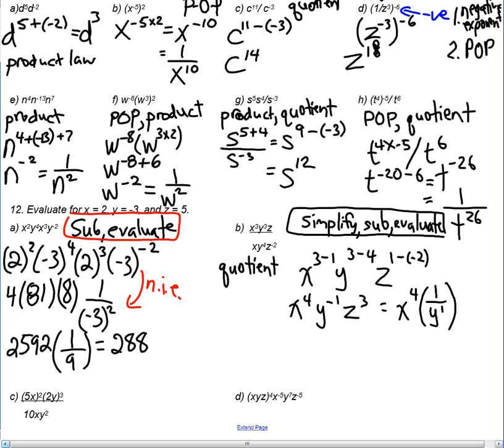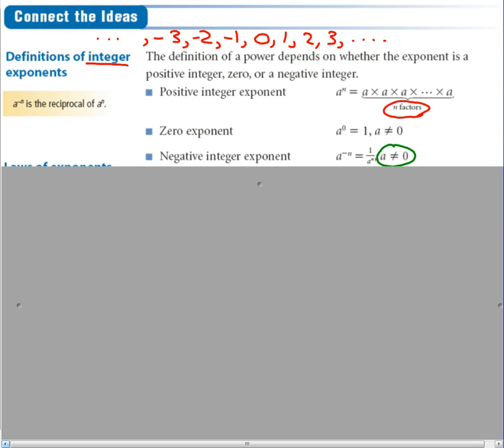So that tells us, you might want to pay attention to this, that when you see an exponent of negative 1, it is just the reciprocal. We saw that before with our definition of the negative integer exponent. Special case is when n is 1.